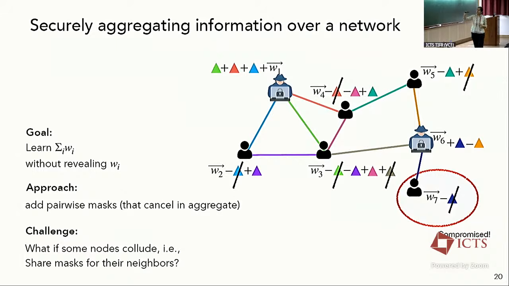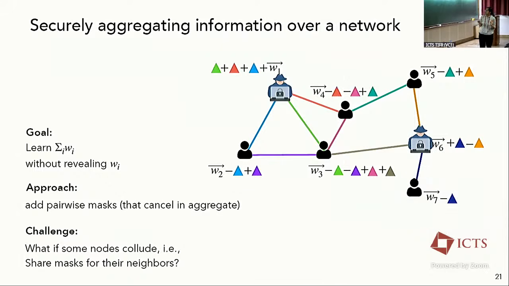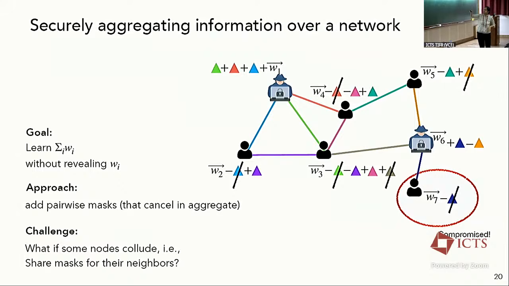So now suppose in this toy model, at sites 1 and 6, we had nodes that are trying to de-anonymize or recover individual weights of these other nodes. And they can also potentially talk to each other. So in this case, all of the masks that are generated with adversarial nodes are effectively useless.